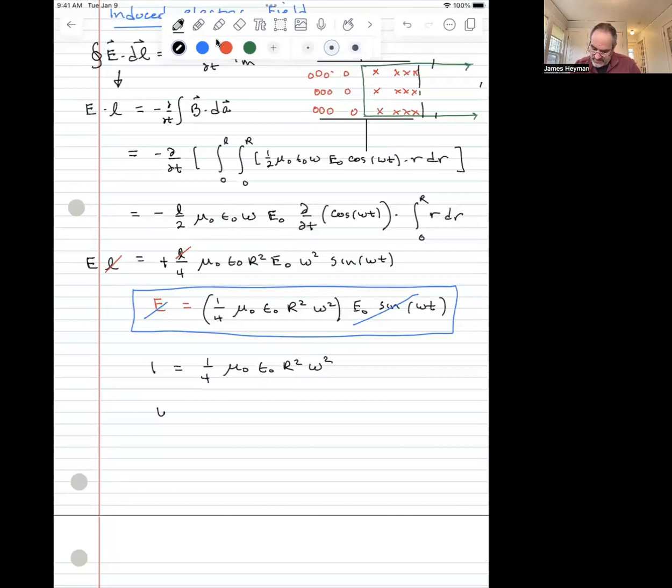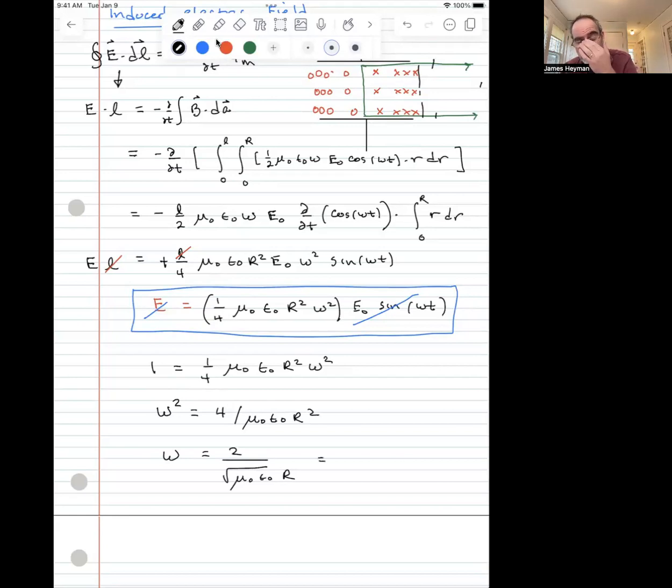It says that omega squared must be 4 divided by mu naught epsilon naught r squared, or omega must be 2 divided by square root of mu naught epsilon naught r.